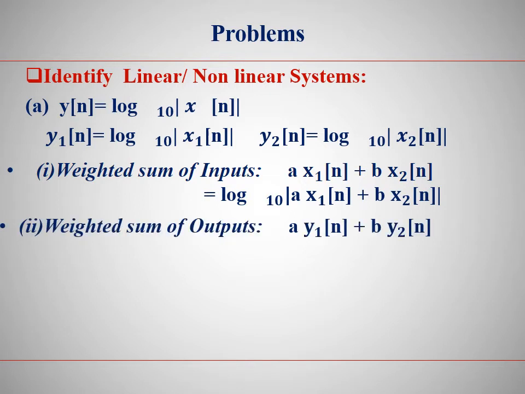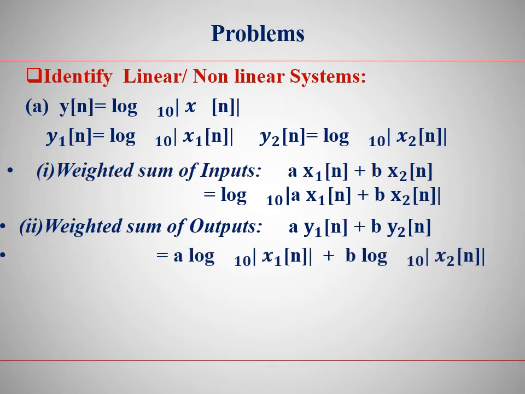The weighted sum of outputs results in a into y1 of n plus b into y2 of n. That means it would be a into log to the base 10 of x1 of n plus b into log to the base 10 of x2 of n.